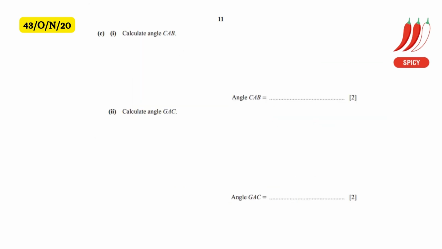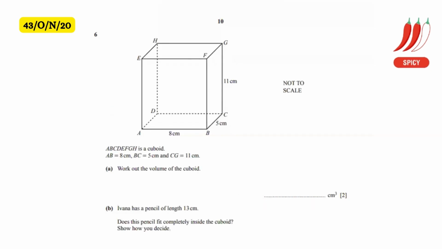Then it says calculate angle CAB. So to calculate angle CAB, let's go back to the diagram. CAB, so that's this angle over here. So like we said before, this is a right angle triangle. We have the opposite, which is the length opposite to the angle.